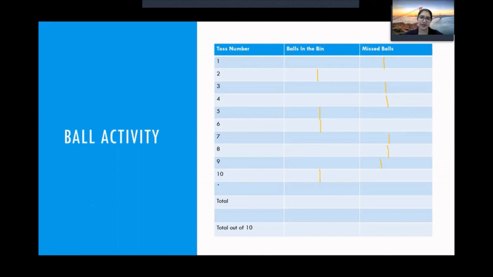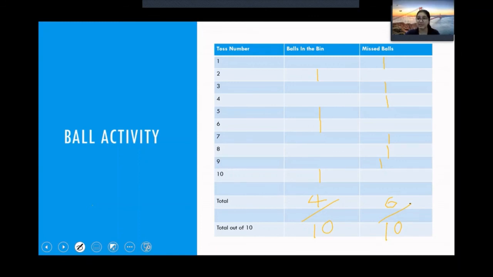And so I was able to make, out of the total balls, 4 into the bin. And missed balls, I missed 6 of the balls. So out of 10, I've now represented the times I made the ball into the bin as a fraction and the times I missed the ball as a fraction.